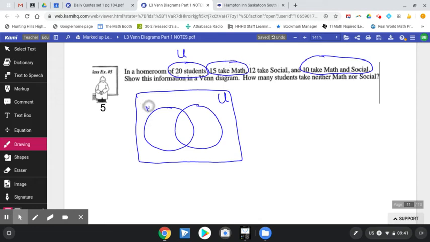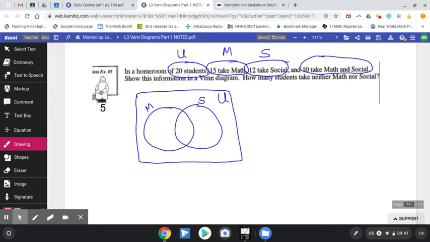Let's make this circle our set for the math. And again, 15 people should be in the math circle. And 12 takes social. Let's make that set S. So that circle should have a total of 12 people in it.